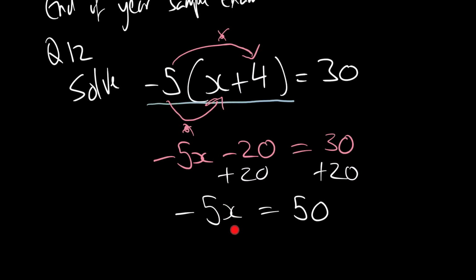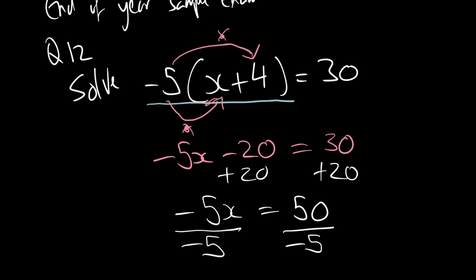Minus 5x is the same as saying minus 5 multiplied by x. A simple way we can make this into 1x is by dividing this side by minus 5. If we divide this side by minus 5, then we must also divide this side by minus 5.